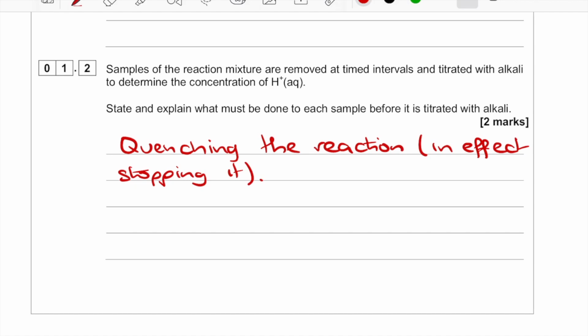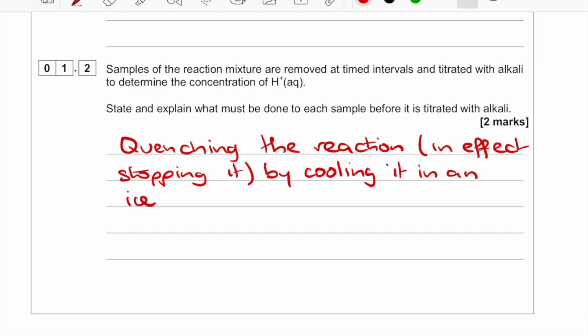So the safe go-to, if you just have to give any method for quenching, is to cool it. If you put it in an ice bath, we'll write that in an ice bath, but I think cooling it is enough.